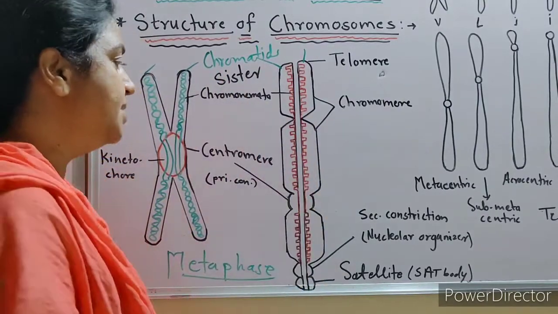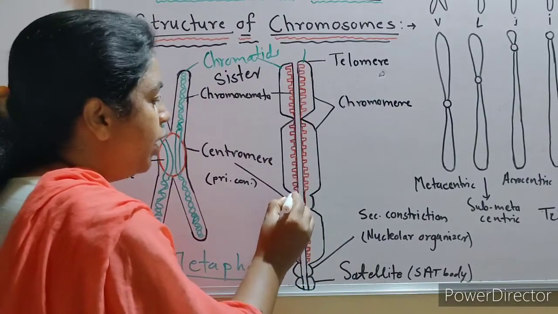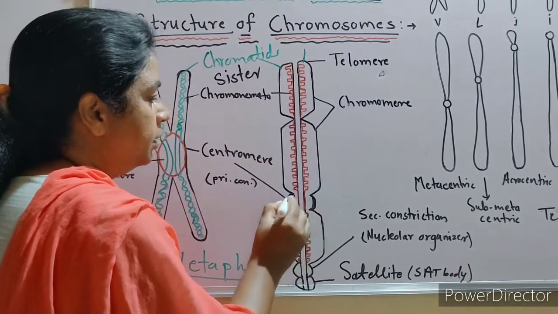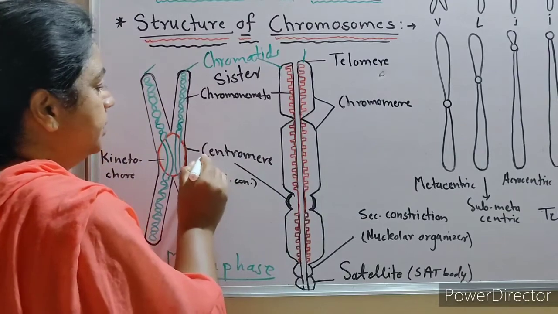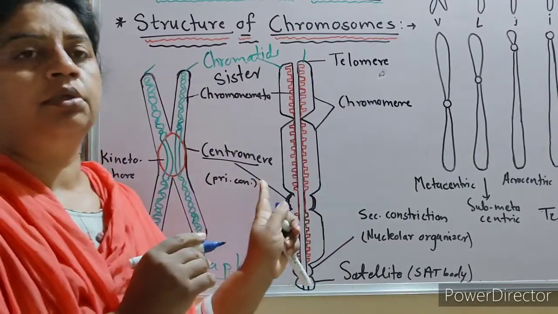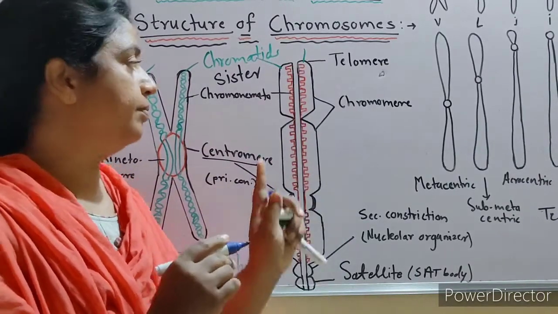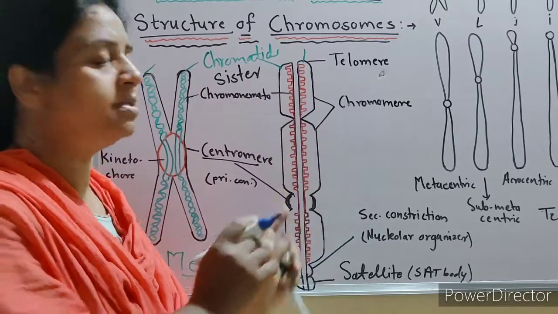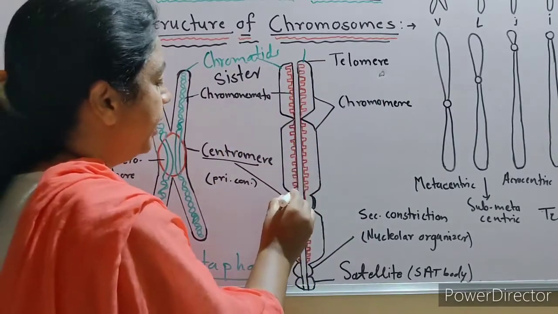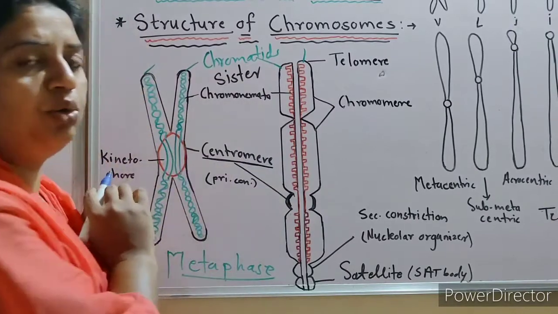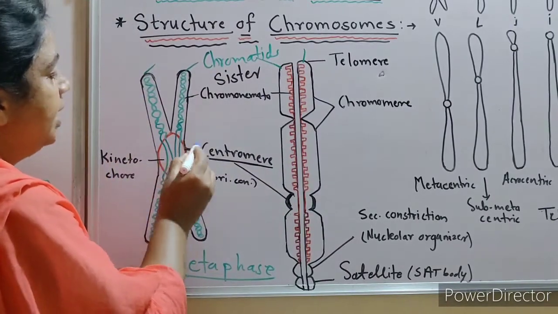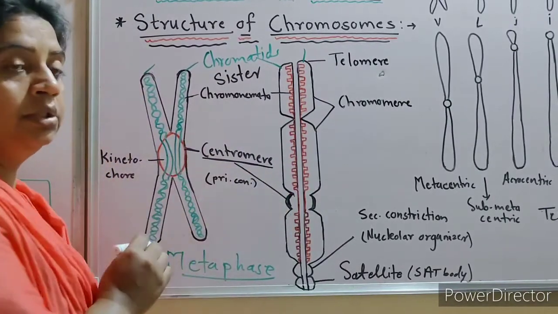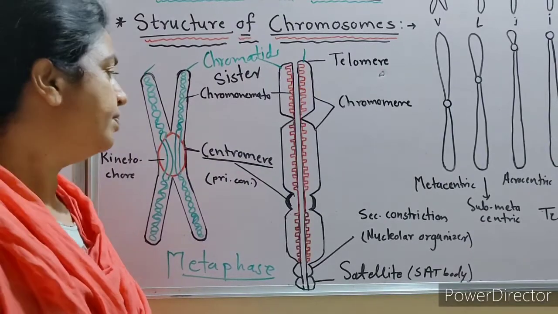These chromatids are held together at a point. This point is called the centromere. Two chromatids held together at a point called the centromere. This structure is called the centromere in both these chromosomes.